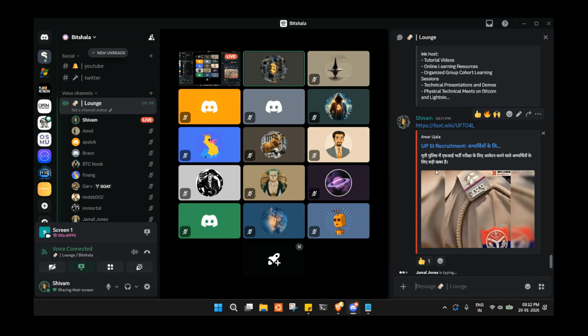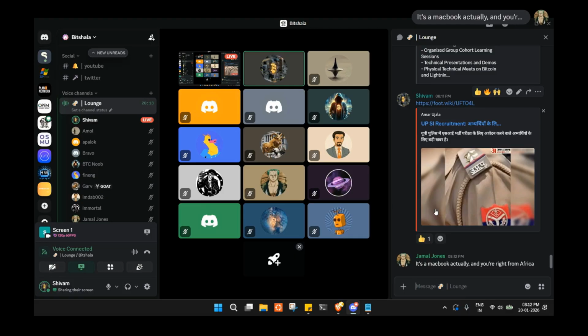I think I also have more details, but I don't want to share. If anyone who has clicked it, is it correct information which I have shared with you? I think the location is Nigeria. Yeah, and yes, it is an Intel Mac. So I think the old Mac, not the new one, not M1, M2, M3, right?